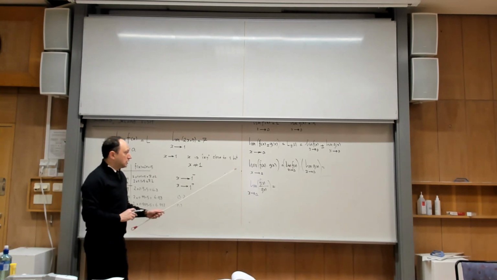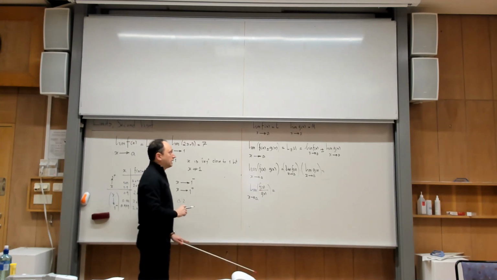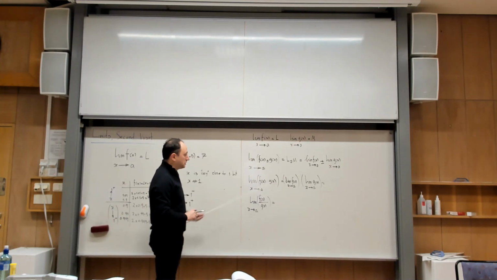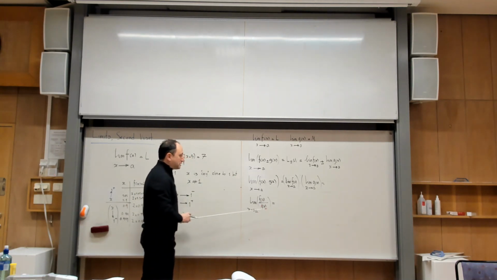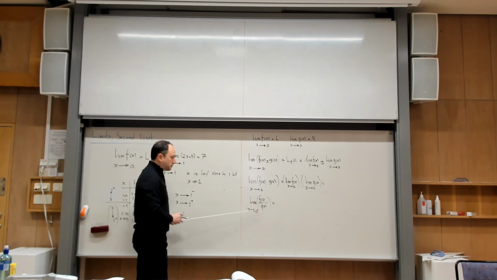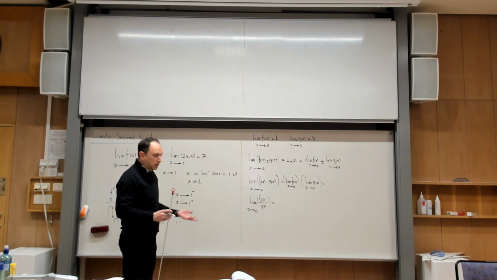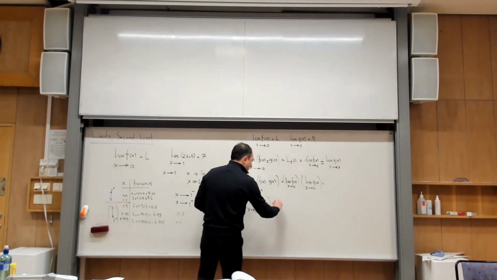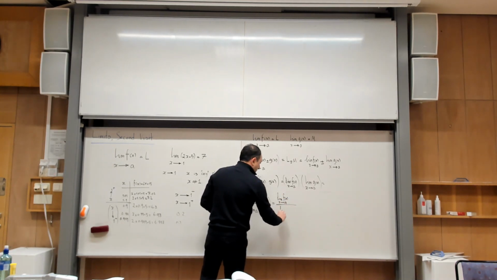You see, the numerator is getting close to L. The denominator is getting close to m. Now I am asking, to which number is this fraction as a whole getting close? Yes? Is it just L divided by m, or instead of writing L, I can write what? Limit of f of x, divided by limit of g of x.